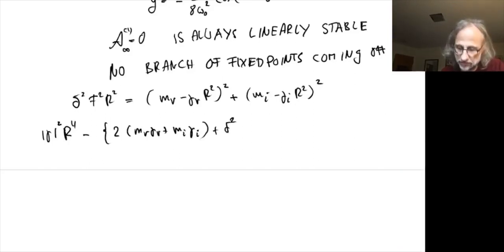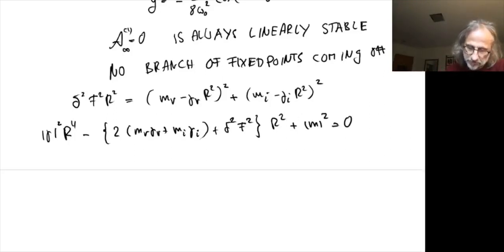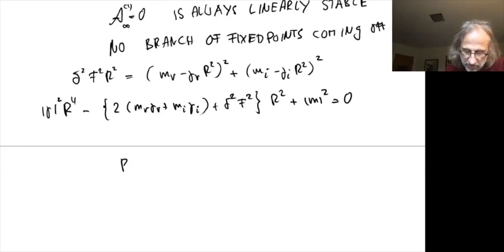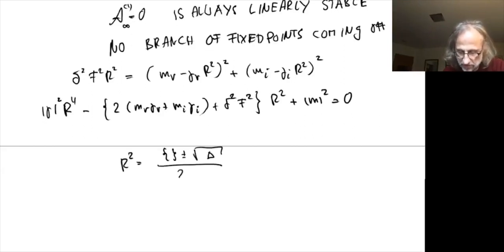You just have to be careful. So that's what you get when you sort for r squared. And so the solution for r squared is given by this curly brace plus minus the square root of that discriminant divided by 2 gamma squared.